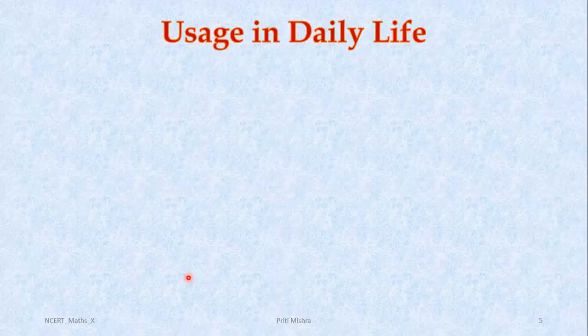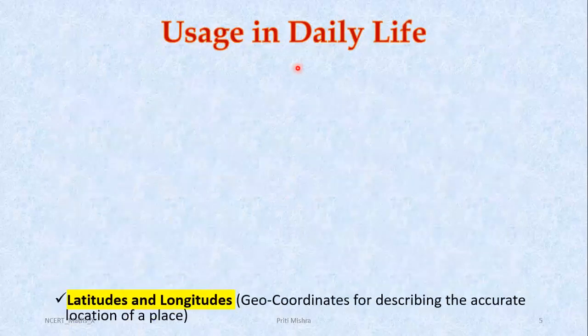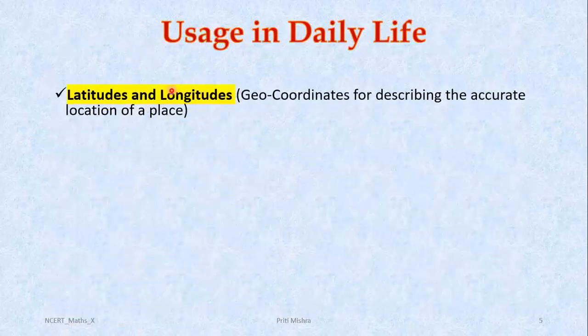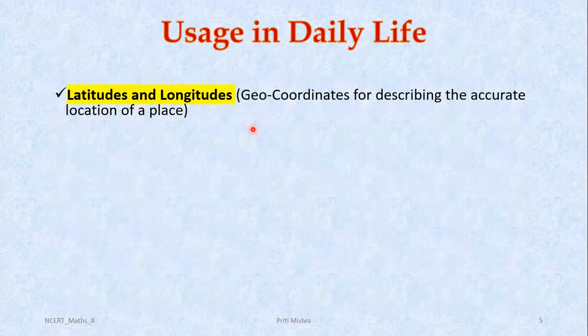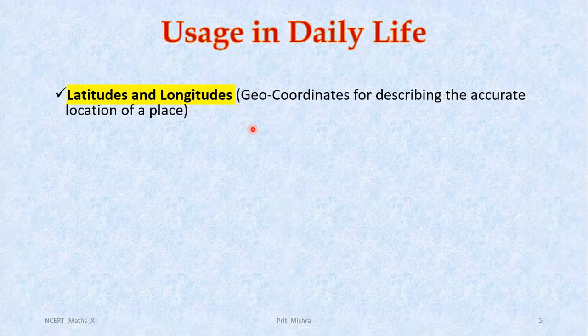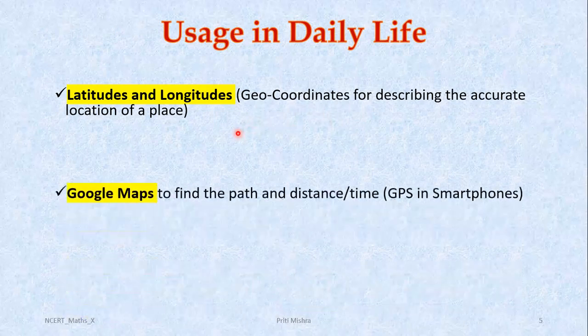Now let's find out its uses in our daily life. First, latitudes and longitudes, geo-coordinates for describing the accurate location of a place. Just in the beginning, I have explained how we could find out the location of Delhi and Kochi. So here we are using geo-coordinates, which are basically based on coordinate geometry.